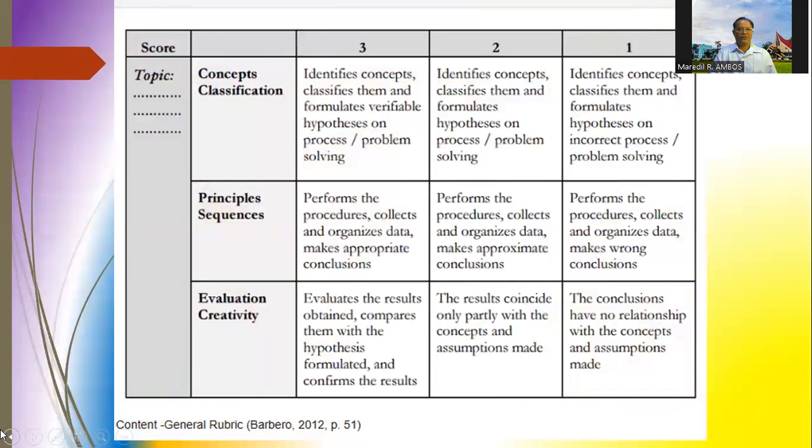Here is an example of a general rubric wherein you can have the scoring. The highest is 4, then 3, 2, and 1.